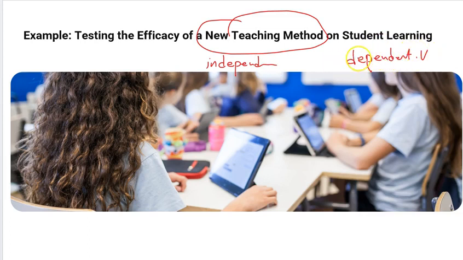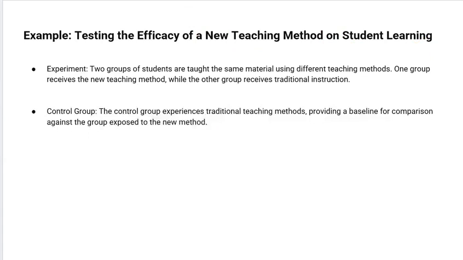It's the effect. It's going to be measured: the student learning. To make the experimental group, you just need a group with the new teaching method. For the control group, you are going to eliminate this teaching method, so the people just have their traditional method of teaching.